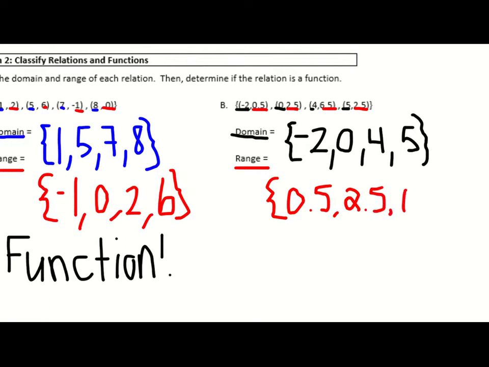And then I had a 6.5. The last thing, once you list domain and range, is determine whether you had a function or not. Look at your x's again: -2, 0, 4, and 5. None of those repeated, so we would say yes, that is a function.